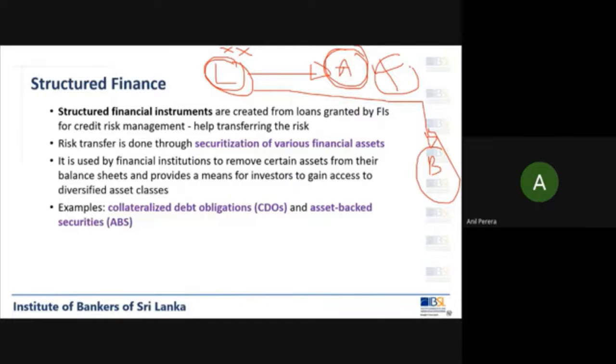Asset-backed securities are also structured products. In a collateralized debt obligation, there is a securitization firm in the case of a default. In an asset-backed security, there is also a firm acting as the securitization firm in the case of a default.